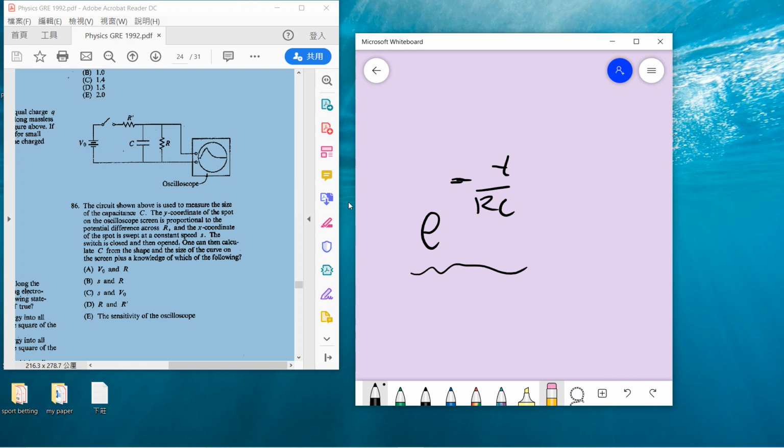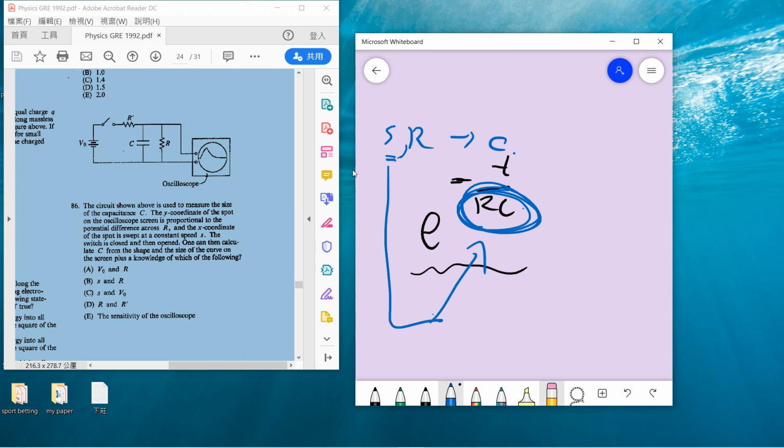This is the standard RC circuit time constant. Based on this graph, you can measure the RC. Once you know the time constant and R, you can get C, because the time constant gives you the time scale, and you can use it to calculate the capacitance. The time scale is RC. So the answer is B.